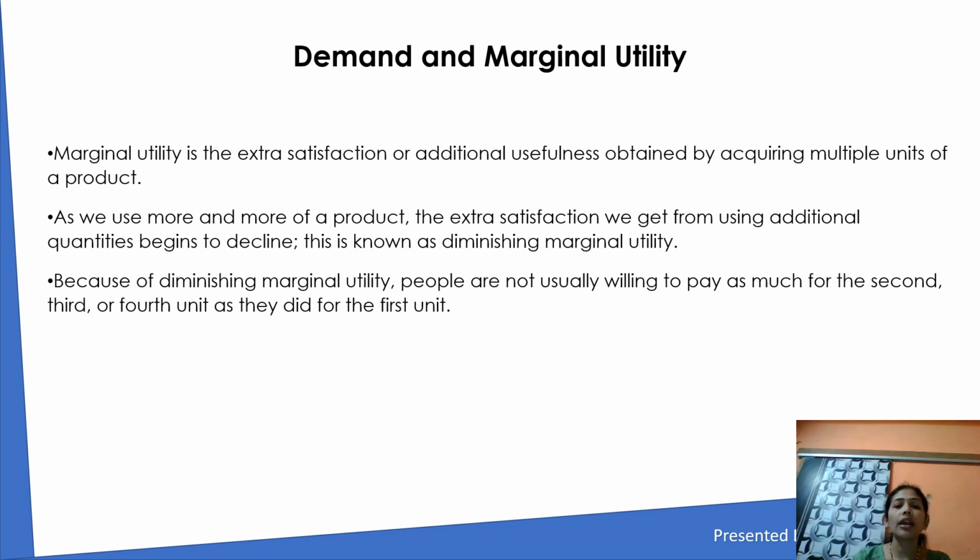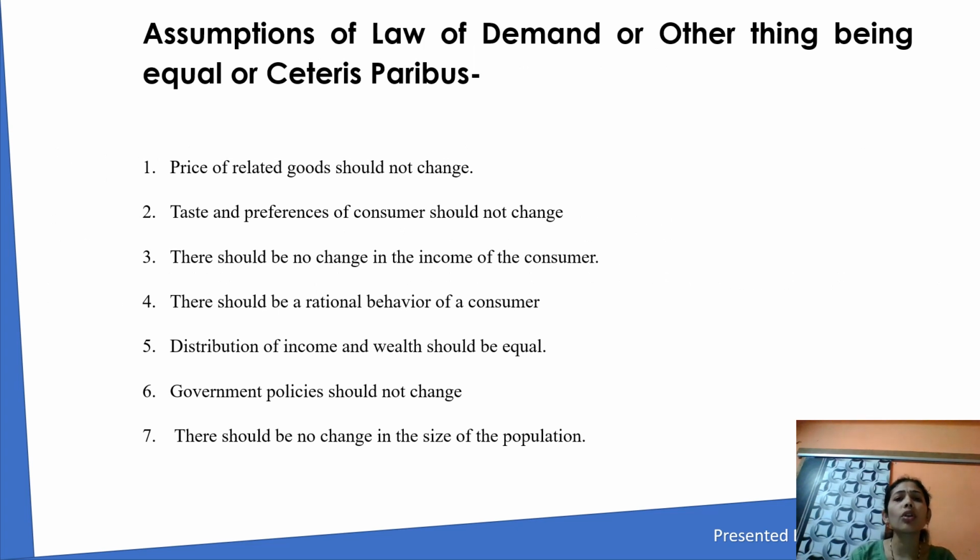This is known as diminishing marginal utility. Because of diminishing marginal utility, people are not usually willing to pay as much for the second, third, or fourth unit as they did for the first unit.